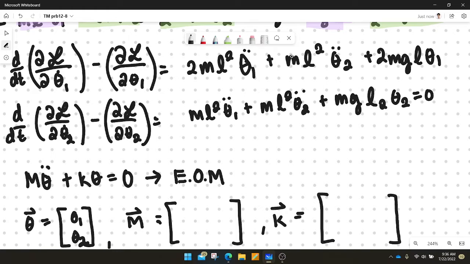We can just write these coefficients, 2ml squared and ml squared.